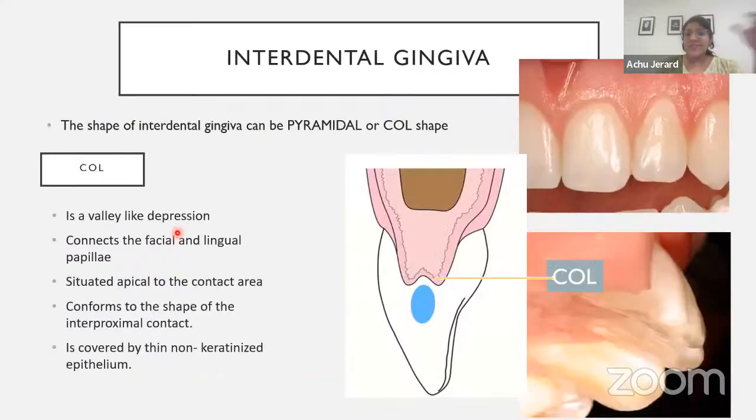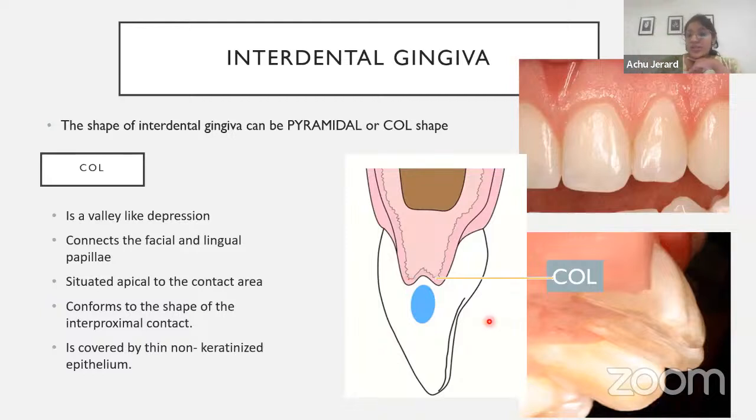Now, the next important part is the interdental gingiva. In the interdental papilla, we have another significant part called the col, or the interdental gingival portion. This is a feature generally seen in the posterior teeth, because, as I told you, the shape and form of the interdental papilla depend on the two tooth surfaces approximating each other.